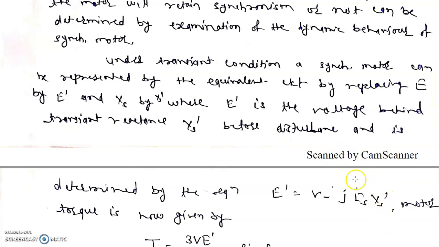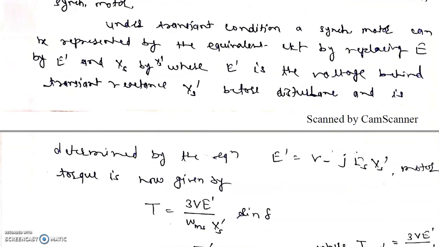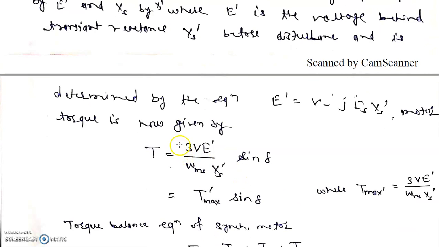E dash is given as V minus j Is Xs dash, and the motor torque can be represented as T = 3VE dash upon omega ms Xs dash, or T max dash sin delta, where T max dash = 3VE dash upon omega ms Xs dash.